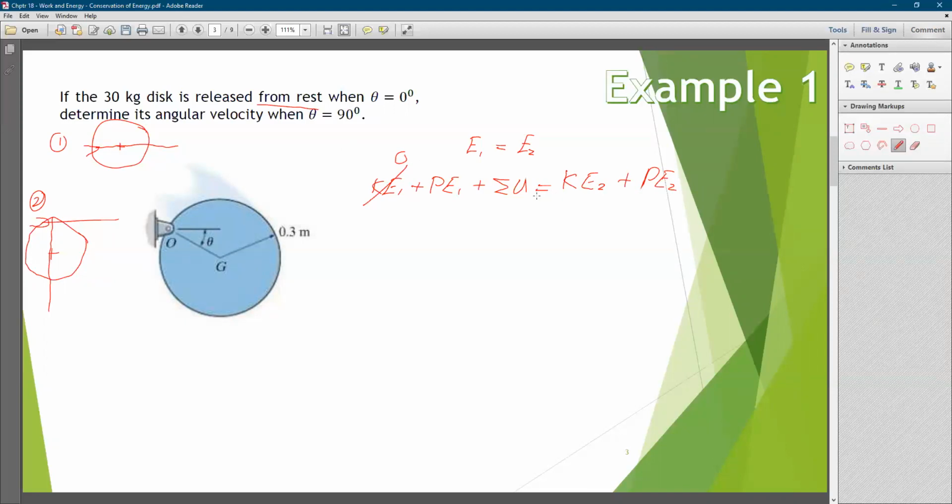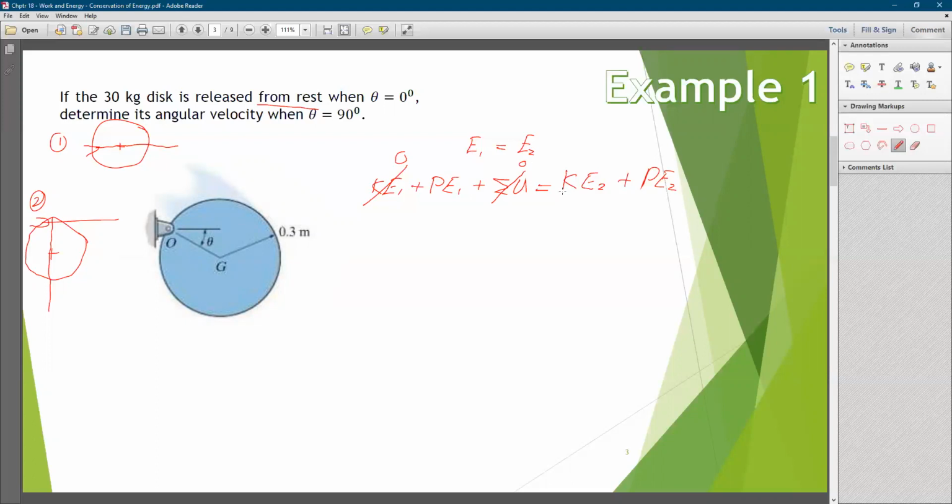Then, as you can see physically, when theta equals 0, it is at the highest position. So you have potential energy, because you have some elevation. And in this particular example, we don't have any external energy involved, either losses or any energy in, so it becomes 0.